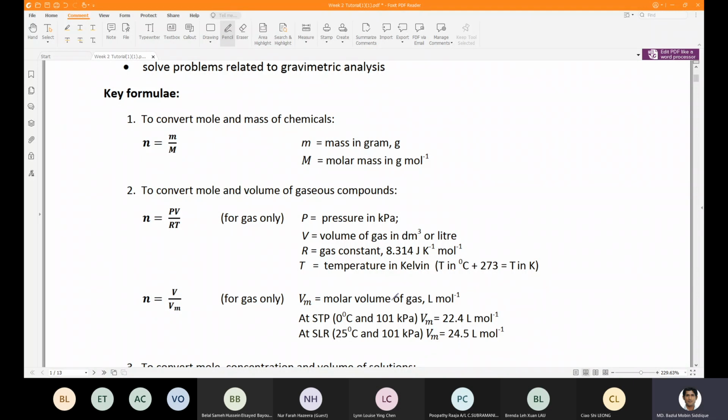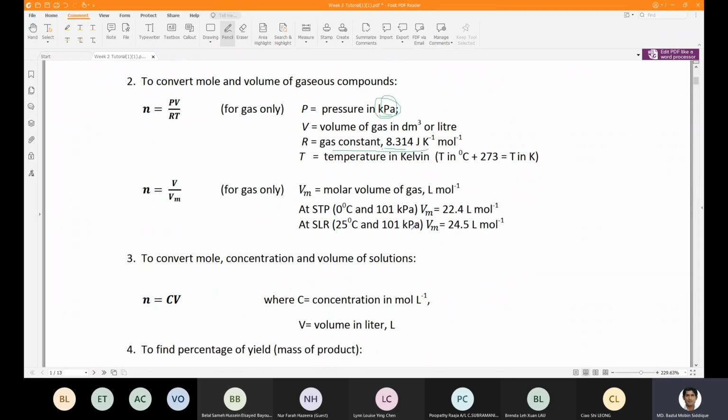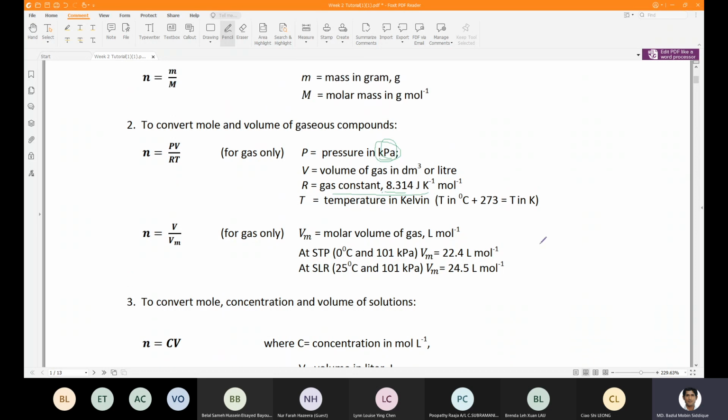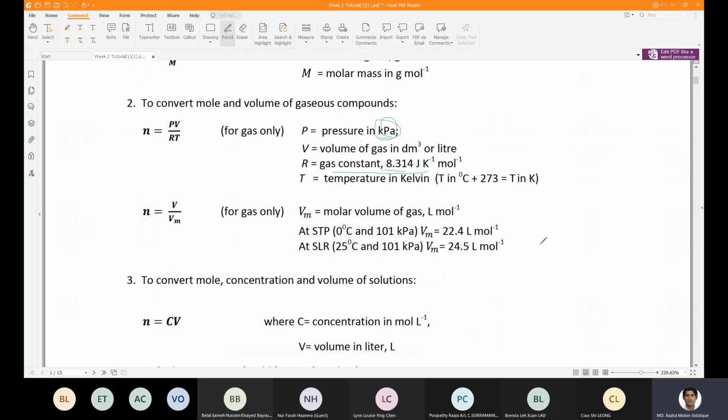Oh, here. Right? Yeah, this is one gas constant when it is in kilopascal. When we use kilopascal, we use 8.31, right? But when it is atmosphere, it is 0.08201.